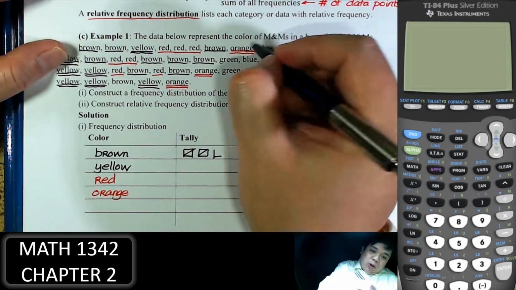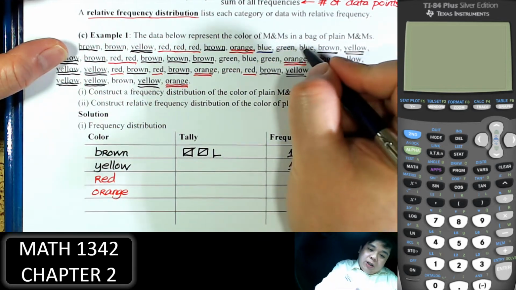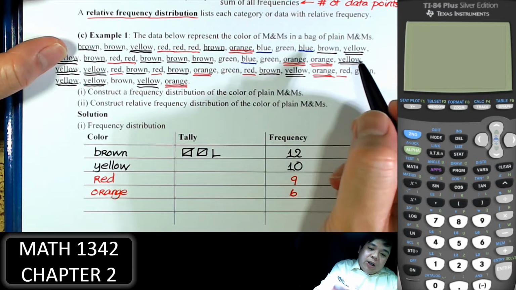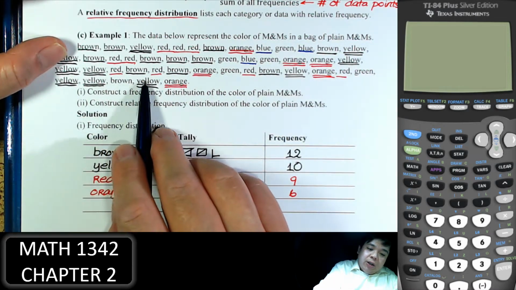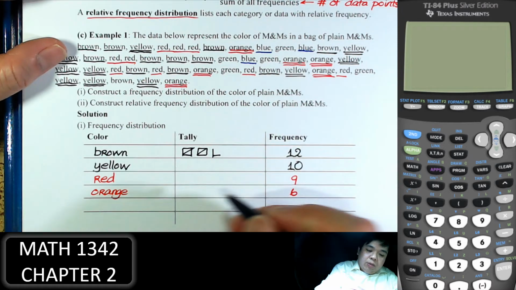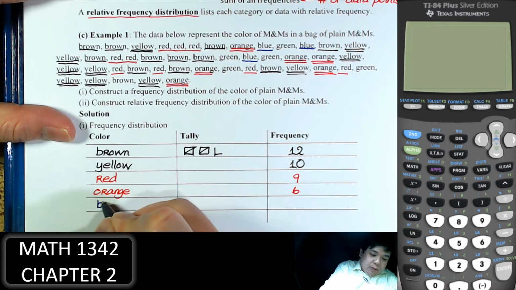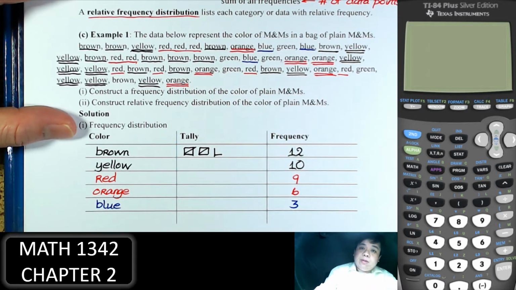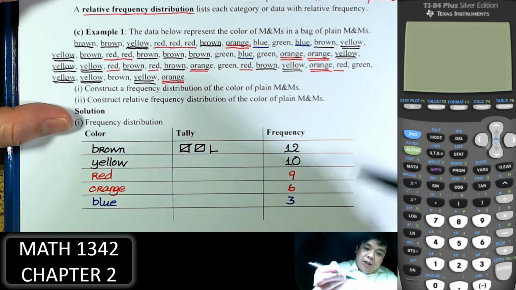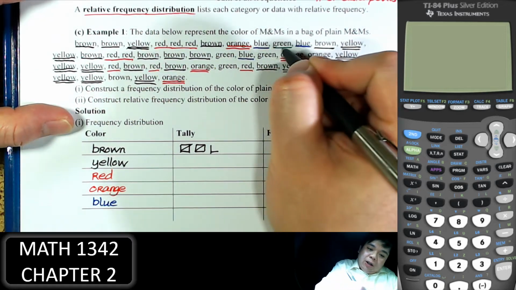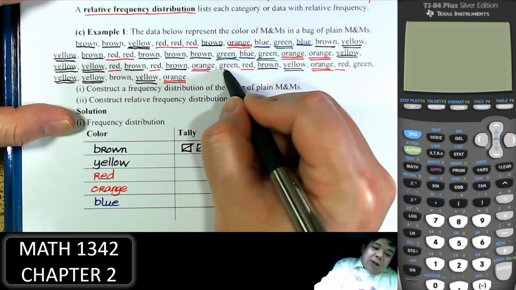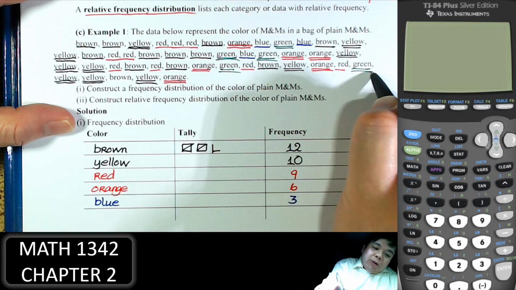Next is blue. 1, 2, 3, 4. And then green. 1, 2, 3, 4, 5.